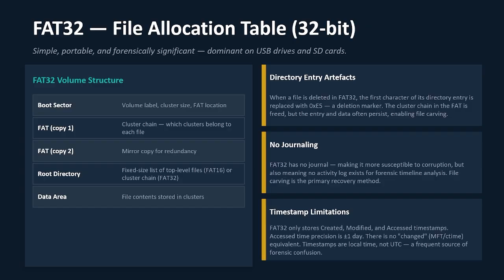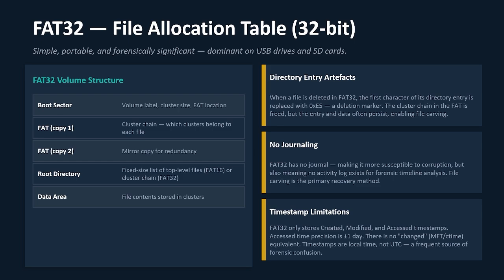Each copy will have the clusters that belong to each file, as opposed to an inode and metadata and that sort of stuff. The root directory is the fixed list at the top of the file system, or in the cluster chain, depending upon if you're using FAT16 or FAT32. And then the data area will be the actual files stored in those particular clusters.